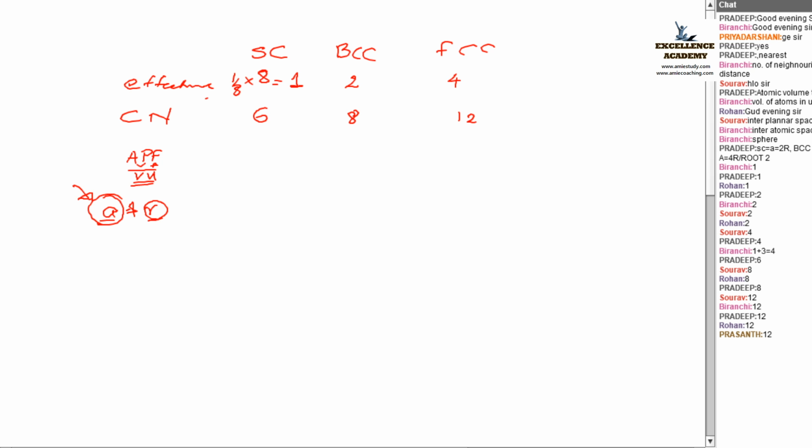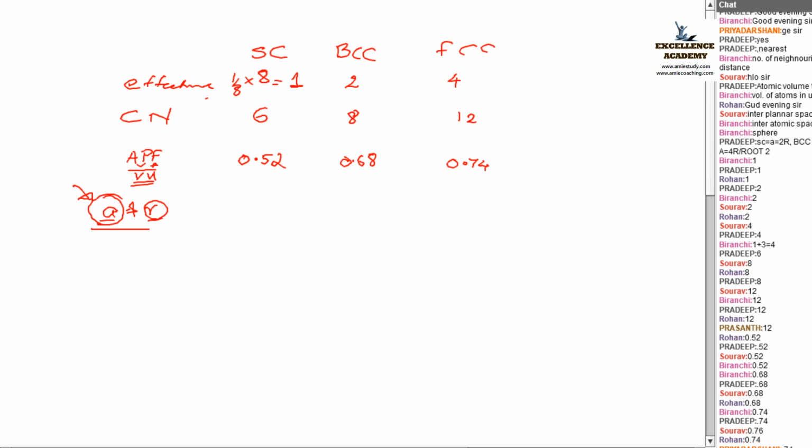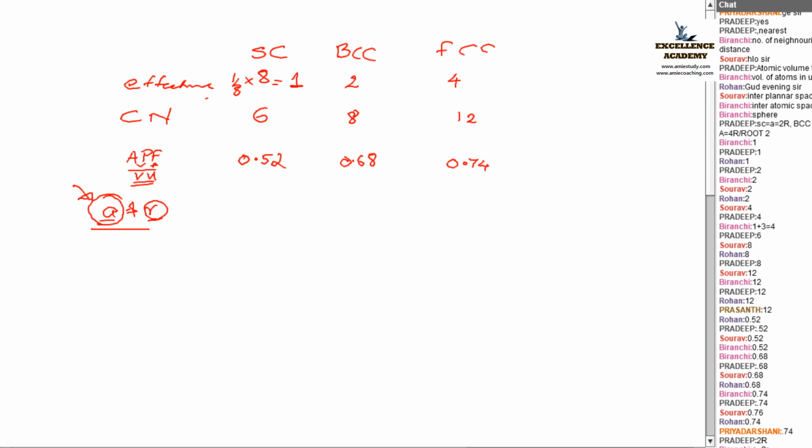Next is APF. In the case of simple cubic, 0.52. In the case of body centered, 0.68. In the case of FCC structure, 0.74. And the relation between A and R: in the case of a simple cubic, A equals 2R.